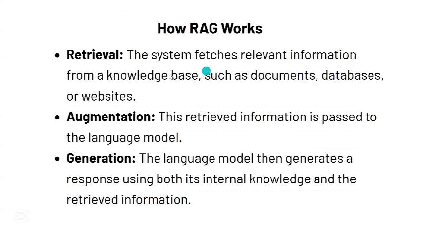How RAG works: there are three parts, retrieval, augmentation and generation. Retrieval means the system fetches relevant information from a knowledge base. I'll show you what type of knowledge base it is. It might contain documents, databases, websites. And augmentation: this retrieved information will be passed to the large language model that we are using for the application we are building.